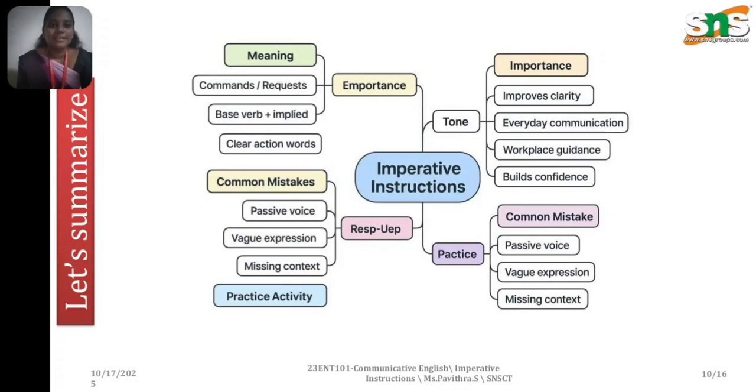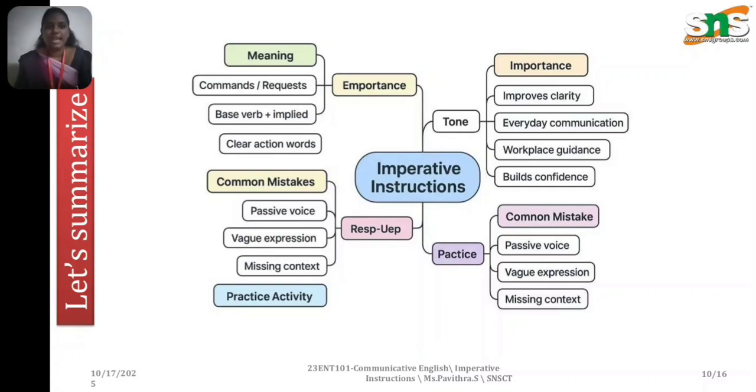Here is the mind map of imperative instructions: how the tone should be, and how we practice it, and its importance. The common mistakes, as I told you earlier: passive voice should be avoided, vague expressions should be avoided, missing context should be avoided, and tone is so important.